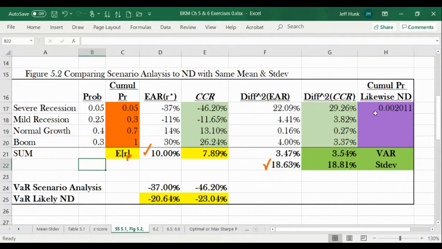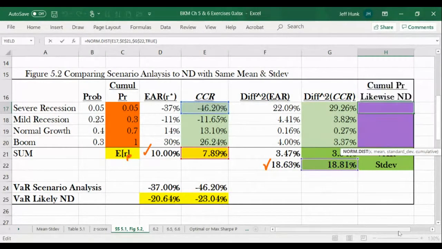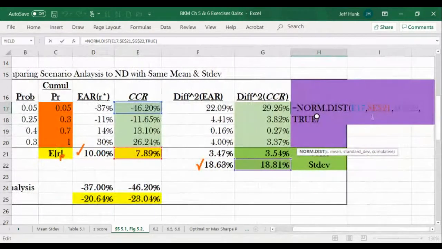Now, how do you find the cumulative probabilities using Excel? Cumulative probabilities of normal distribution. There's NORM.DIST, right? Normal distribution function, right?